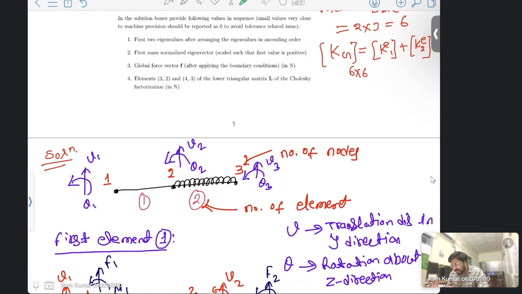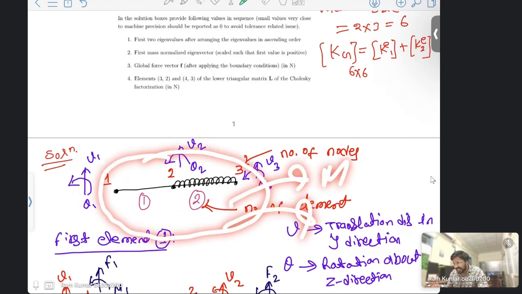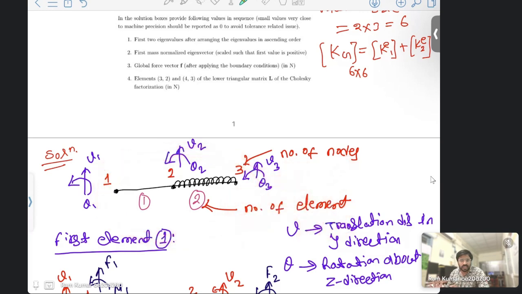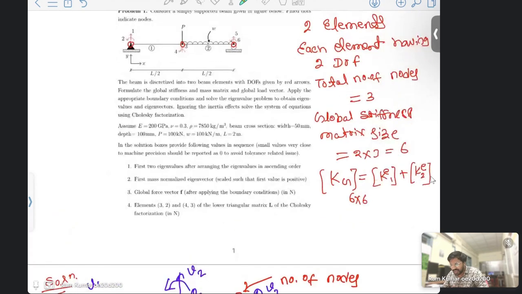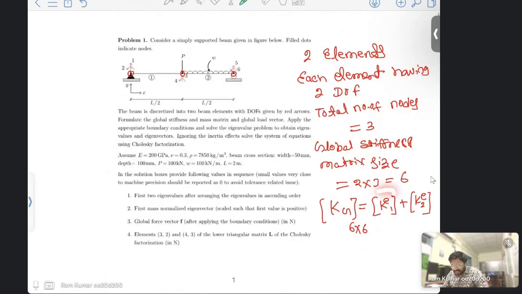But we have to find the global mass and stiffness. It will have one mass and one K. Right now we have two masses, so after adding, we will get only one mass matrix and one stiffness matrix. As I told you here, the first element has K1 and the second element has K2. After adding these two matrices, we will get one global matrix.